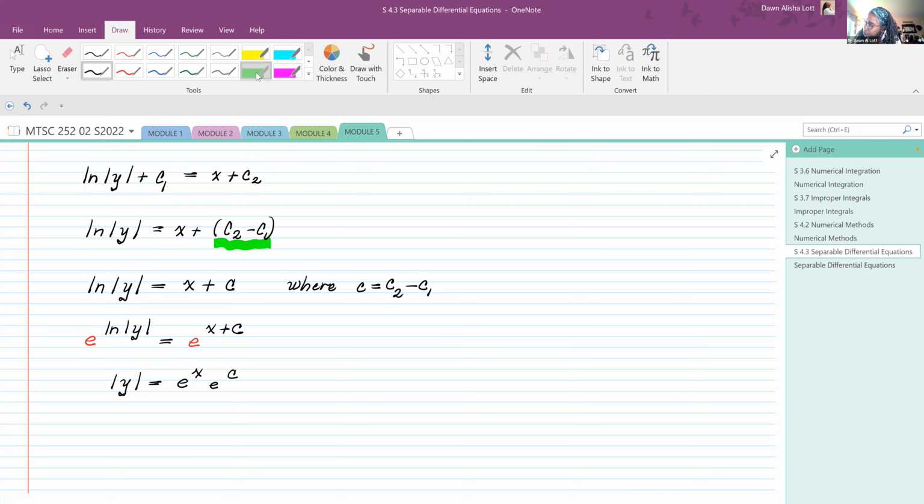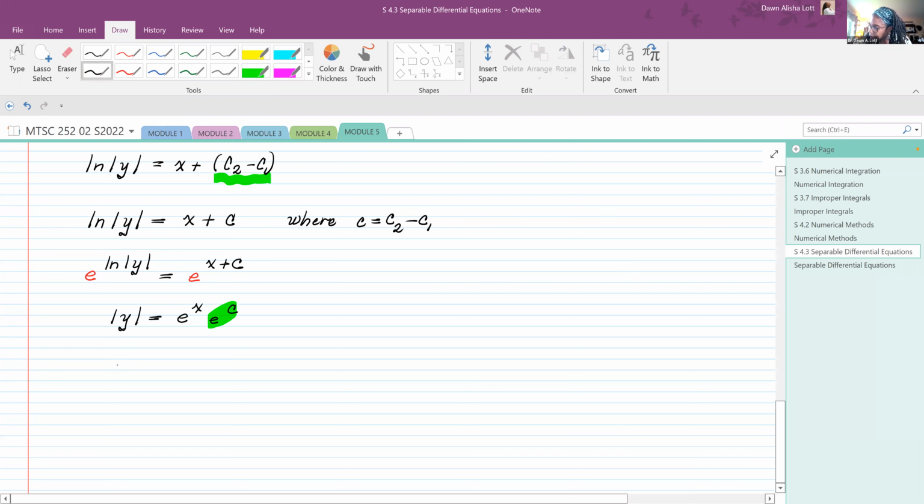And here we notice that we have this e to the c. I'm just going to call that a because that's e raised to a constant. So I get the absolute value of y is equal to a e to the x. Okay. So this function, I'm going to drop the absolute value because if a is negative, it will make y negative.